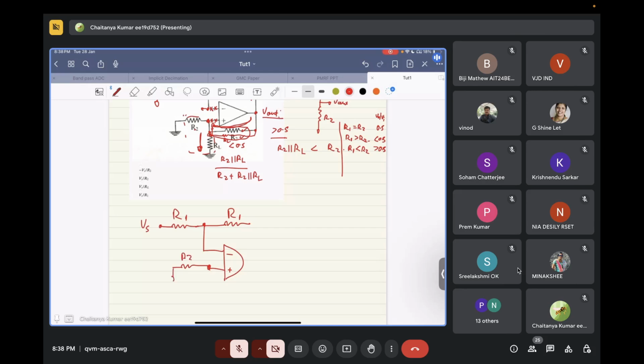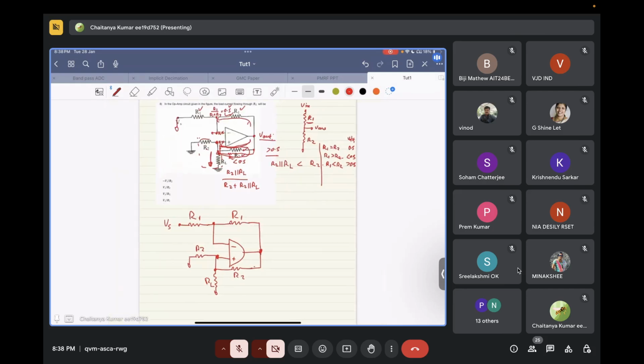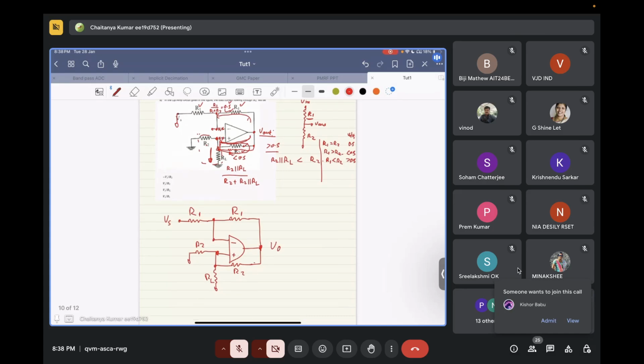We have R2 over here, some RL over here, R2, and this is connected. Okay, so if this is Vout, what will be this voltage?